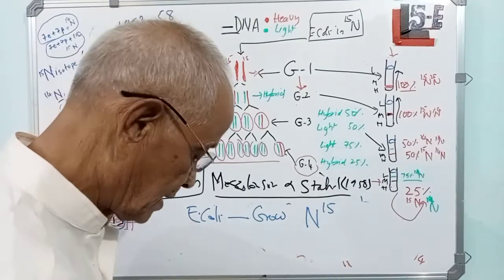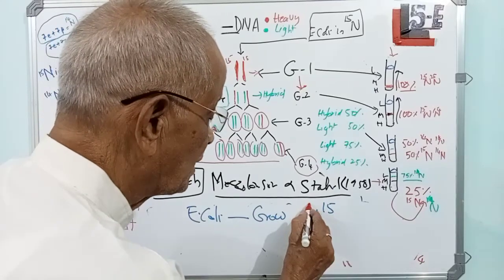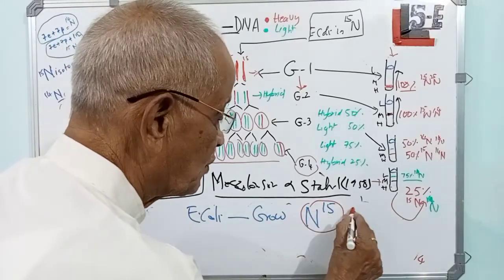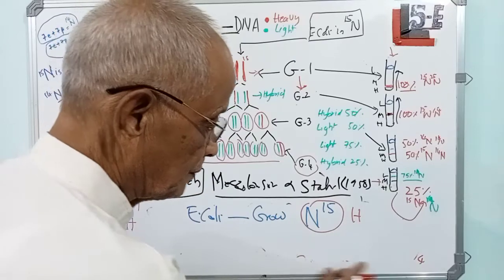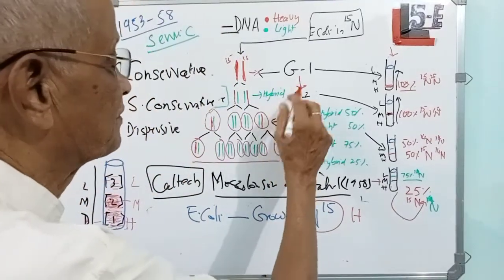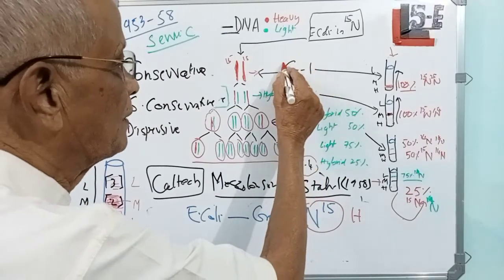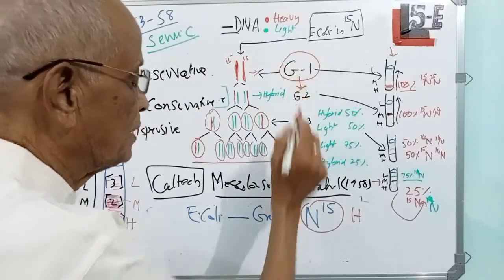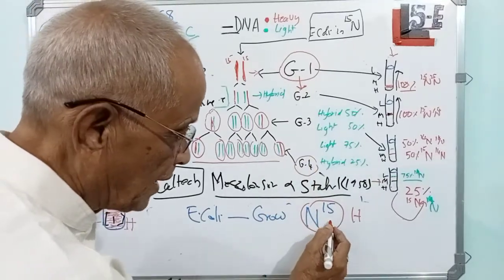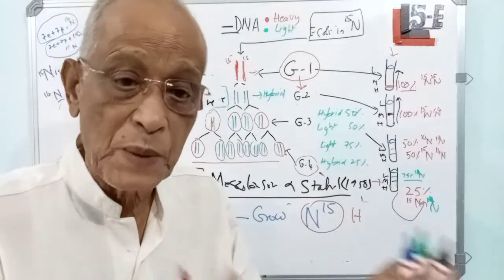I am using red color for the analysis, therefore I will mark it as N15, that is the heavy one. So they grew it for a long time, and that is what I referred to here as G1. In G1, that is generation 1, was grown on N15.